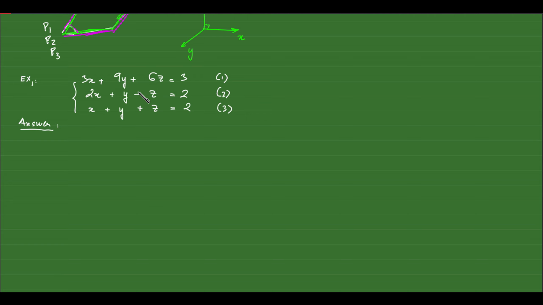First of all, because I see plus and minus over here, I go ahead and apply the elimination method first, eliminating the z.